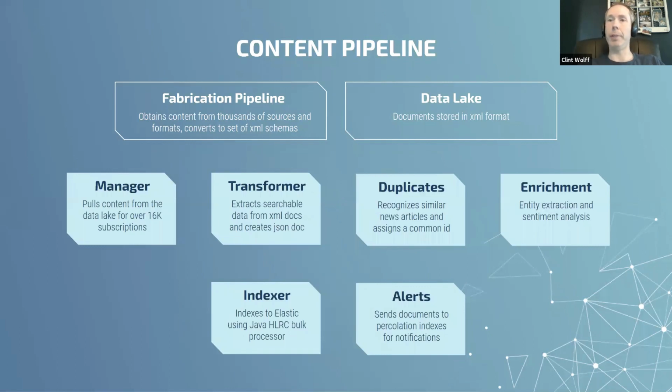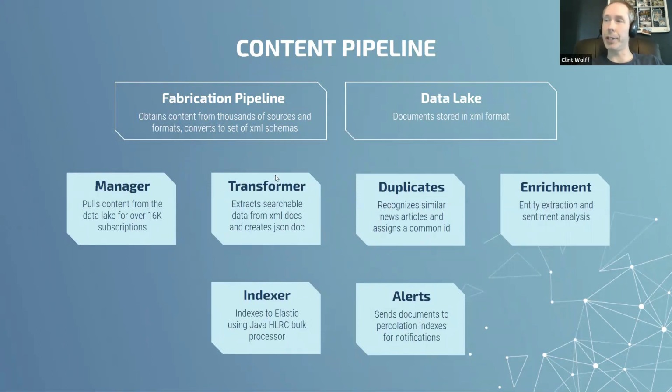So we have the ability to scale up and down as we see fit, depending on the load that's coming in. If we need more transformer power, we can scale up the number of pods on our transformer. And as we don't need it anymore, we can scale it down. So don't think of each one as just a single, individual process. It can scale.